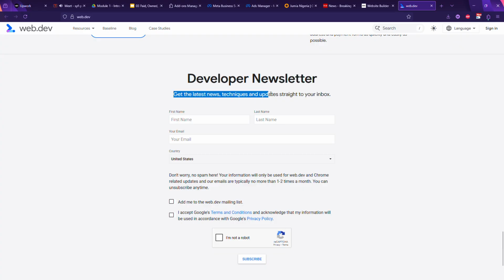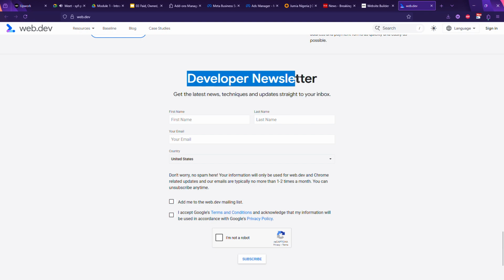Get the latest news, techniques, and updates straight in your inbox. So this is a form of marketing. In this form of marketing, what the website usually does is provide a place where people can put in their email. There are places where we only need to put our email ID in here, but in this particular website, they are asking for the first name, last name, and also the country, and then they have add me to mailing list. I accept Google terms and conditions and all those.